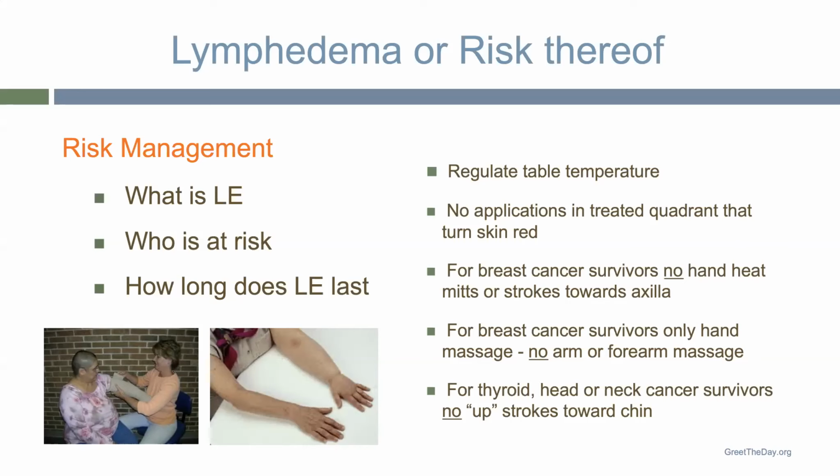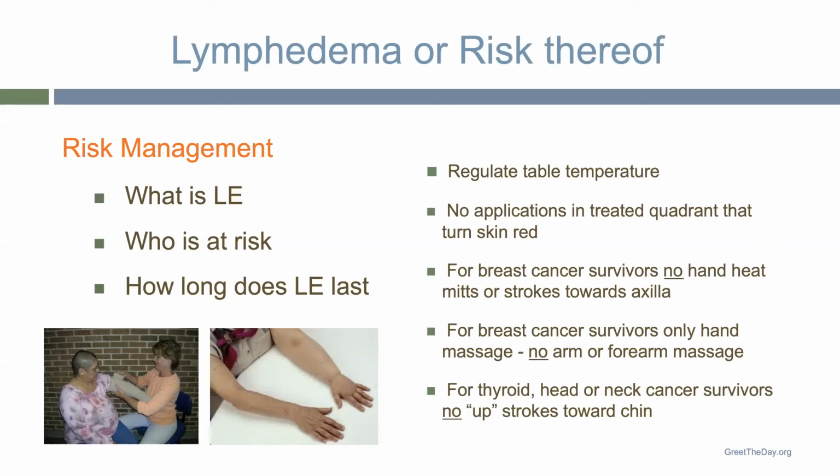You're massaging just the hand. So not all the way up the forearm, not all the way up the upper arm into the armpit area. Do all of those amazing tips and tricks that you've learned along the way and focus that hand massage on just the hand. And then you're going to know that you're not risking triggering lymphedema in that client.